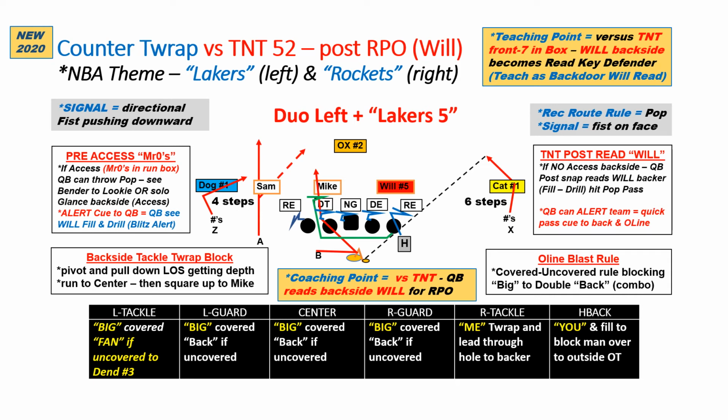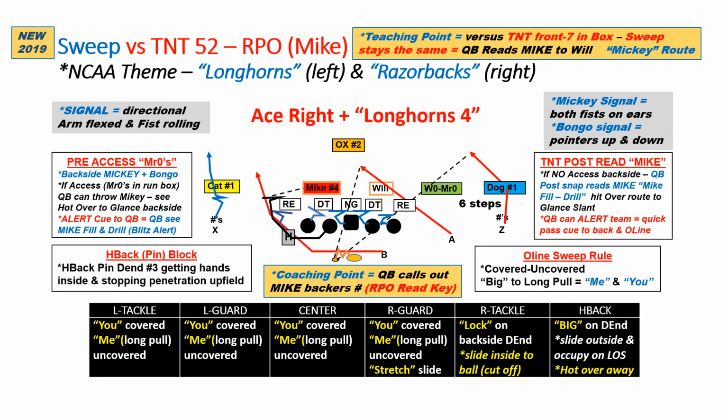So again, we've got our 6 blocking the 5 defensive linemen and the play side Mike. So the unaccounted defender is the will. Again, TNT call by the offensive line alerts the quarterback to go backdoor. Again, we have free access with the glance route, reading our RPO. Simple adjustment.